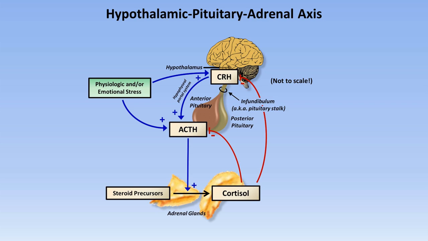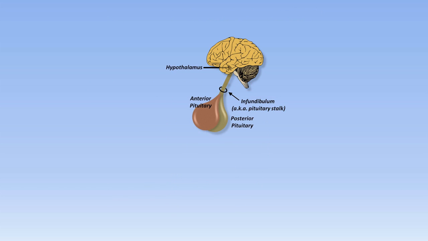The HPA axis is not the only component of these organs relevant to this topic. In fact, antidiuretic hormone, also known as ADH as well as vasopressin, is even more important. Like CRH, ADH is formed in the hypothalamus.